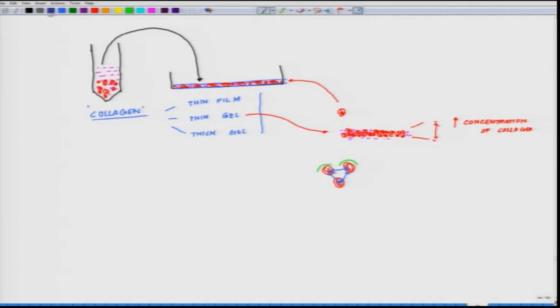This is the surface which is very important for you because this is where the cells are going to interact. The black, what I am drawing, are the cells. So the interaction happening here is very critical.